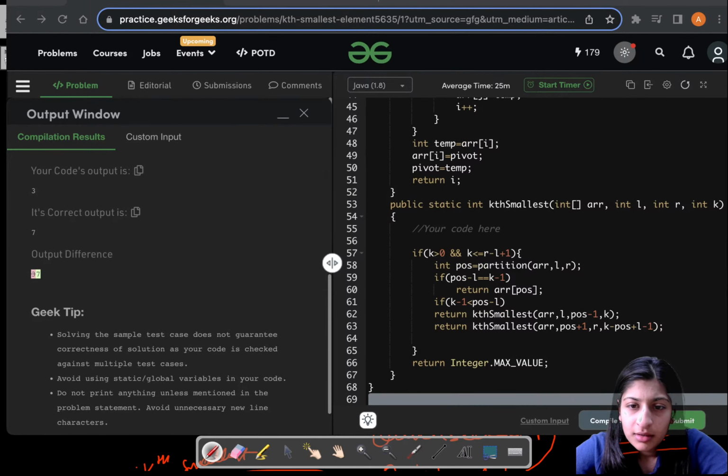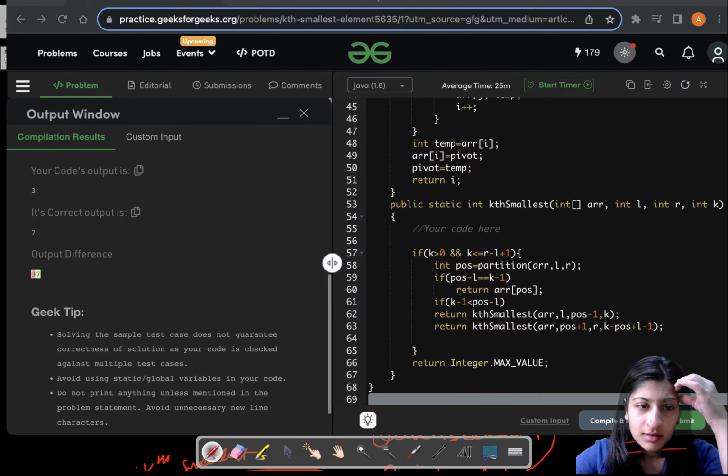What am I returning? Return ARR of pose. That is fine. K minus 1 is less than your position minus L. That is also fine. And then you are returning position plus 1. Right will remain, the range will be k minus position plus low minus 1. Otherwise you are returning max value.